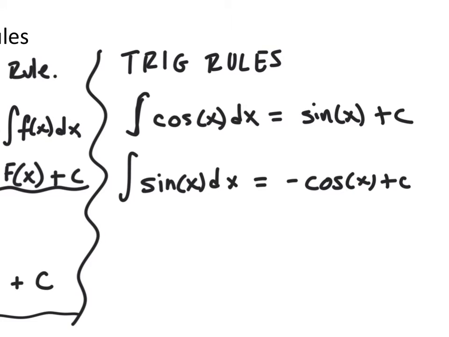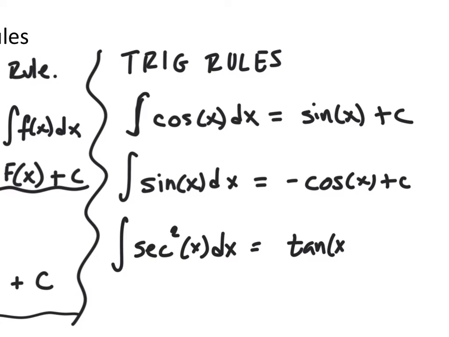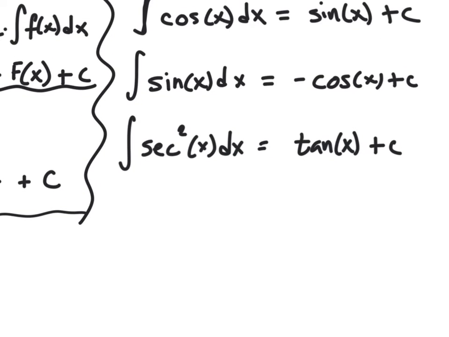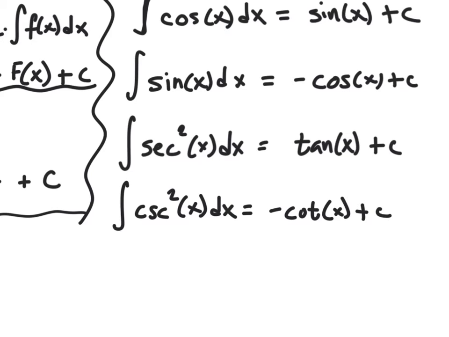The other ones that we know: the antiderivative of secant squared of x dx is just tangent of x plus c. The antiderivative of cosecant squared of x dx is equal to negative cotangent of x plus c.